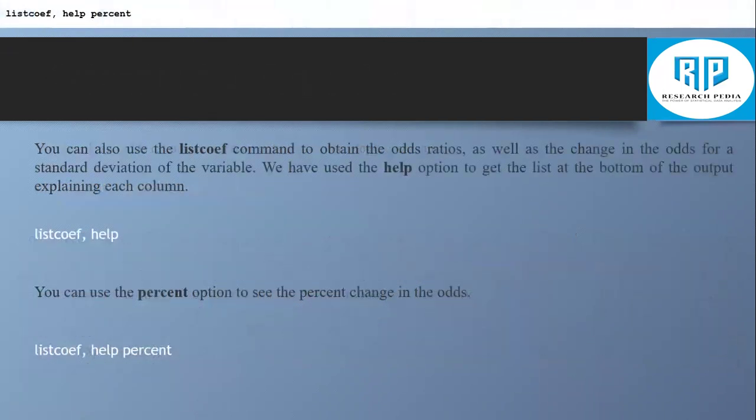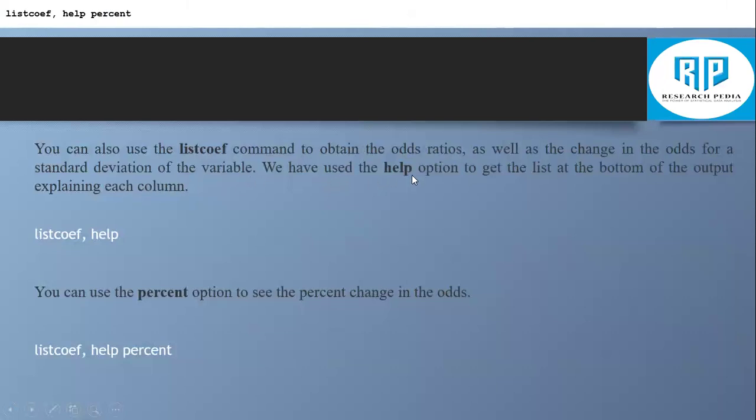The next thing that you need to understand is that you can create a further list of your analysis. You can also use the listcoef command to obtain the odds ratios as well as the change in the odds for a standard deviation of the variable.